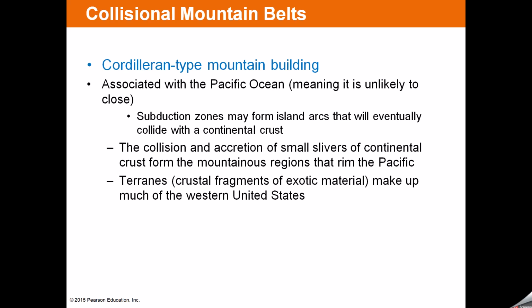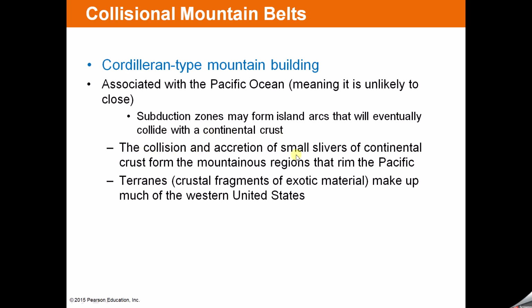Collision mountain belts: Cordillera-type mountain building is associated with the Pacific Ocean, meaning it's unlikely to close. Subduction zones may form island arcs. If you have island arcs, that means you are dealing with two oceanic crusts that will eventually collide with continental crust.